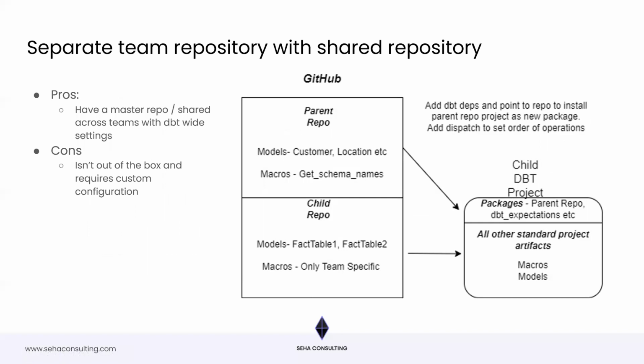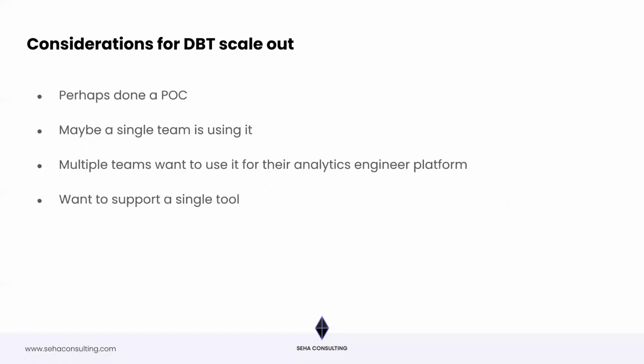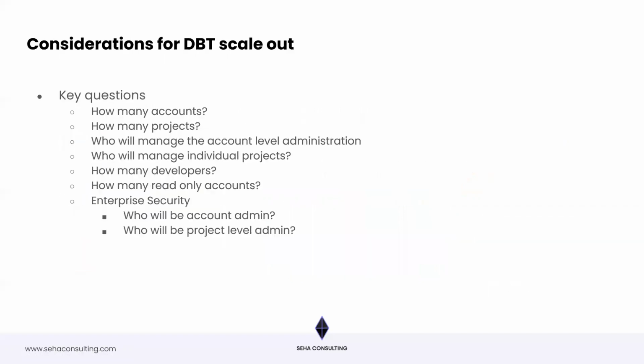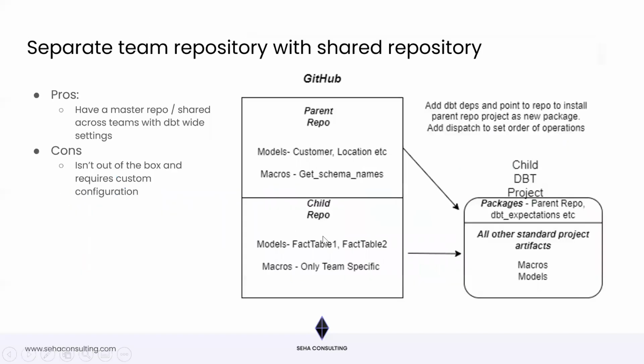When we say model in DBT, as I said in this slide, models are really select statements, right? And when you run select statements in DBT, it runs those select statements and creates those objects. So if I do a project run, even though these are shared objects in my parent repo that I'm bringing in, if I do a run, it will run those select statements that are in my model.